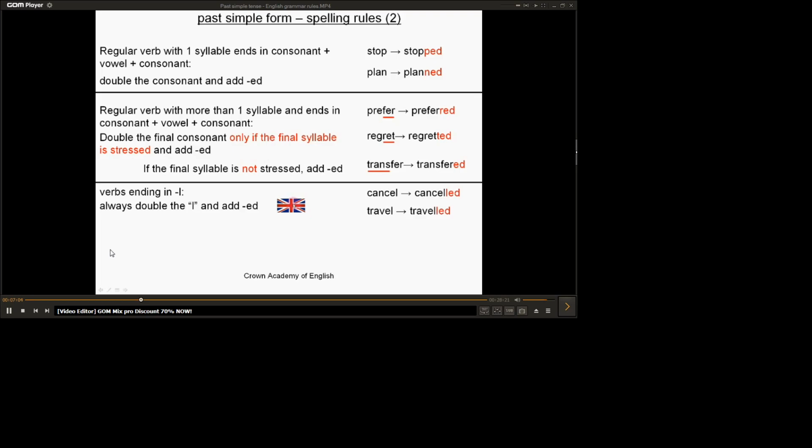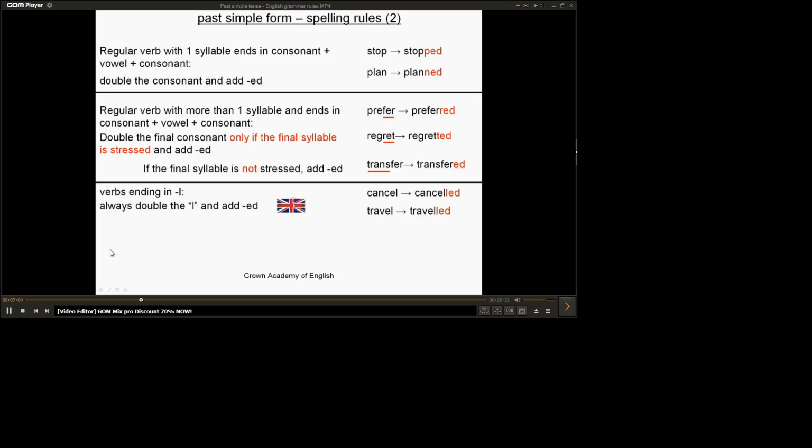So in British English we always double the letter L and add ed. But in American English, we follow the rules above. So in American English, for a verb that ends in L, we follow this rule here.